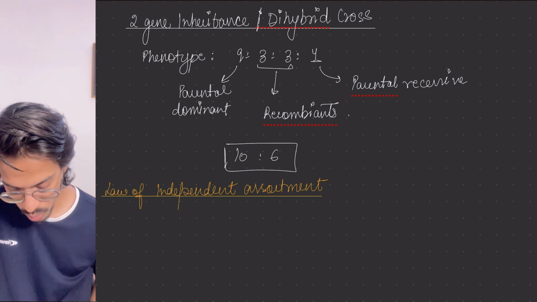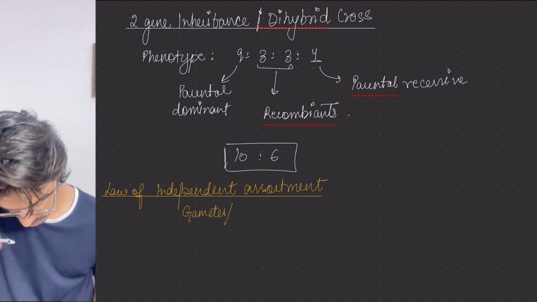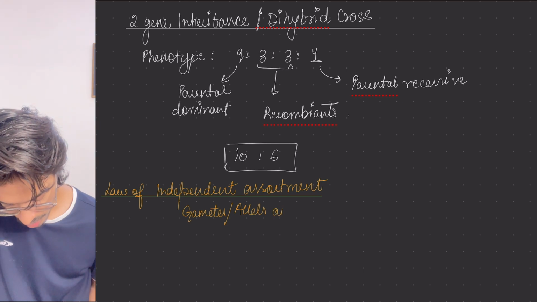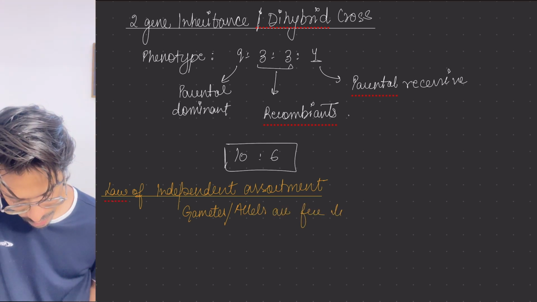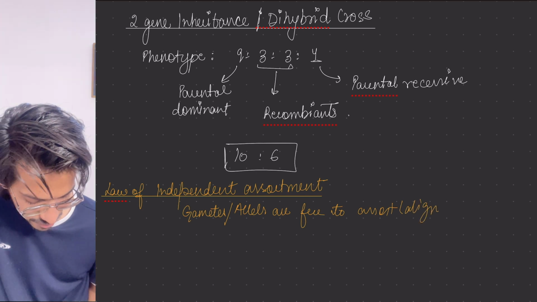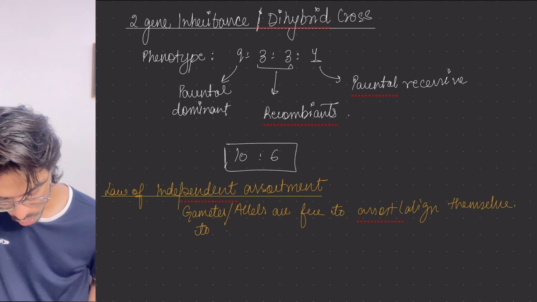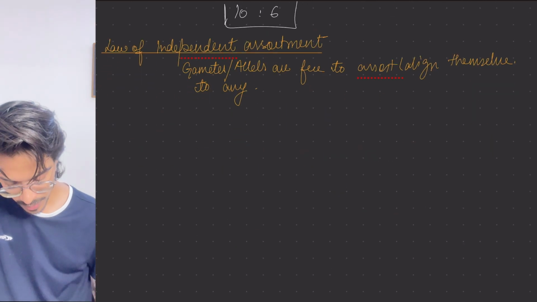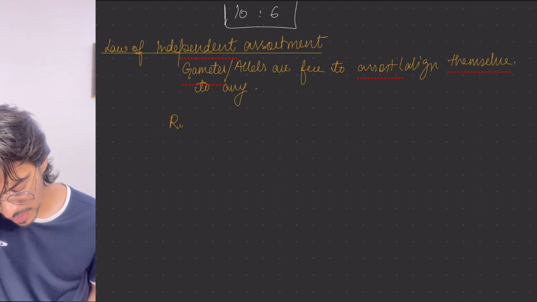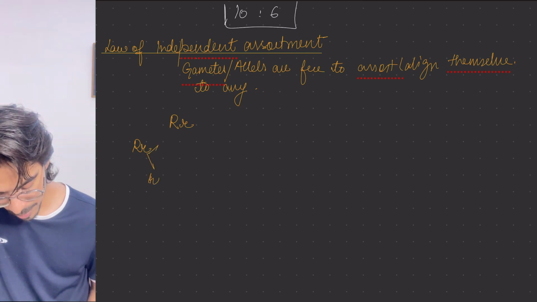So this is what it's telling, that gametes, or in total alleles, are free to assort or align themselves to any. For example, if this is the plant species, it will have capital R small r, and this one will have capital R small r.